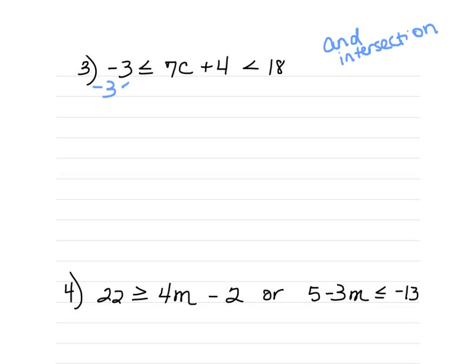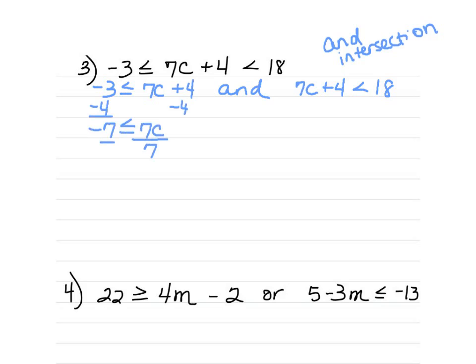Negative 3 is less than or equal to 7c plus 4, and 7c plus 4 is less than 18. And we're going to solve for c. Okay, so subtract 4 from both sides. Negative 7 is less than or equal to 7c.